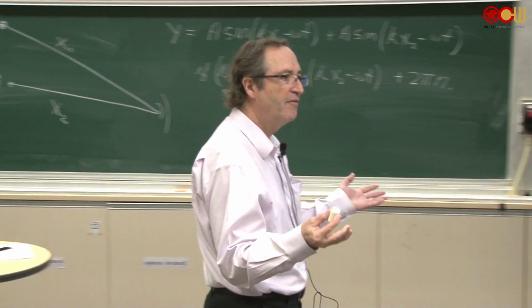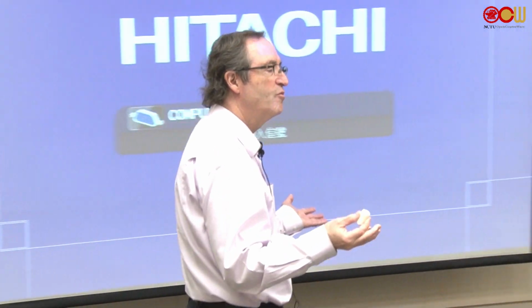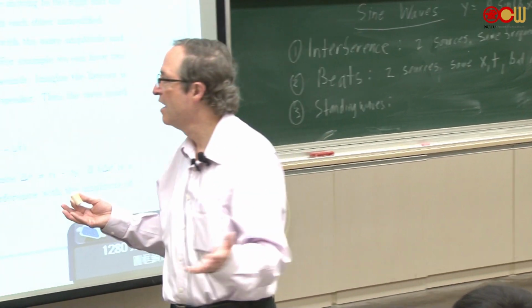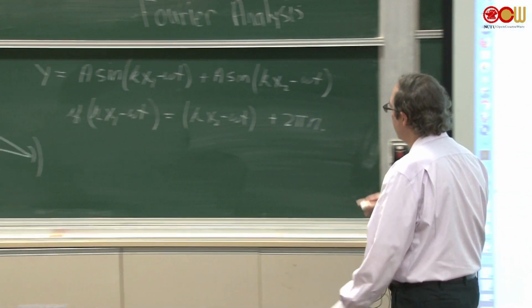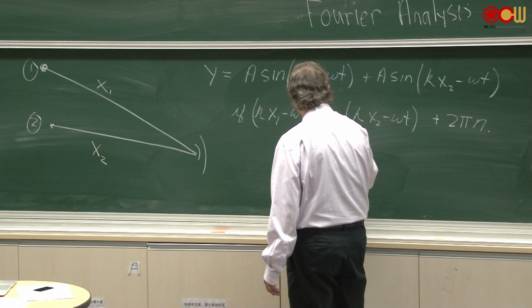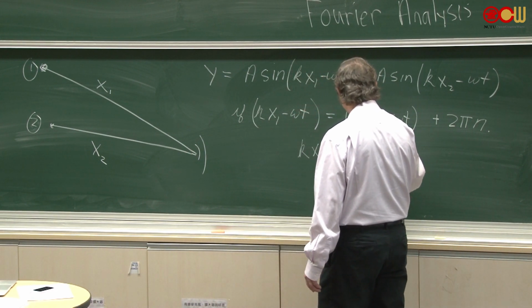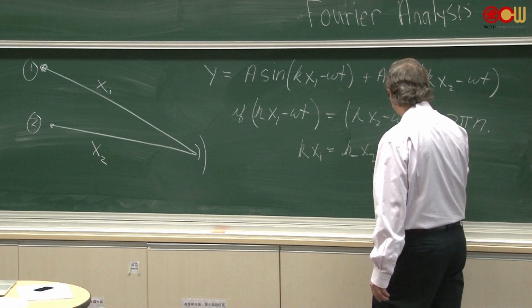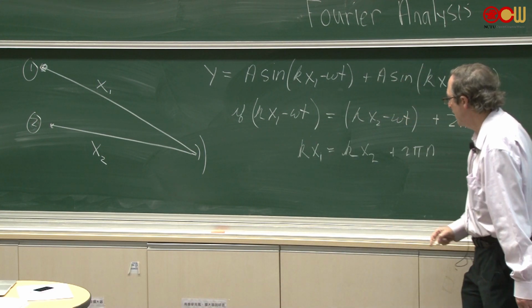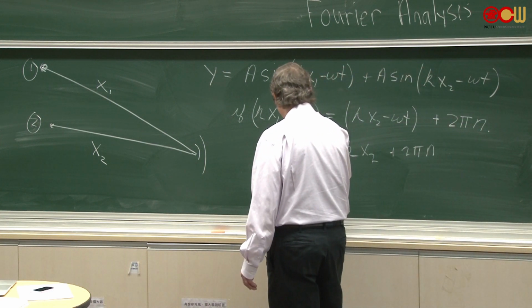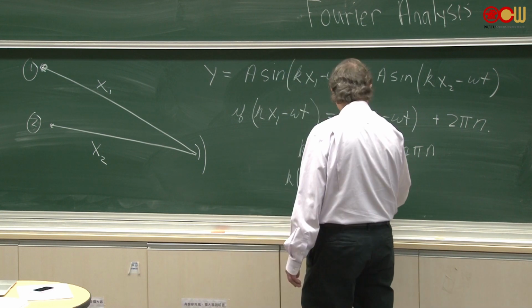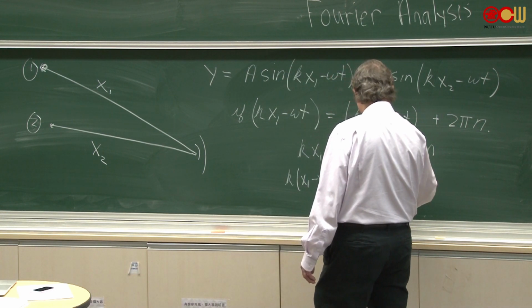Because the argument of a sine or cosine, if you add 2 pi to it, doesn't change anything. Everybody agree with that? So when this is true, we can rewrite this as kx1 equals kx2 plus 2 pi n, because omega t's are the same. And then we get k(x1 minus x2) equals 2 pi n.